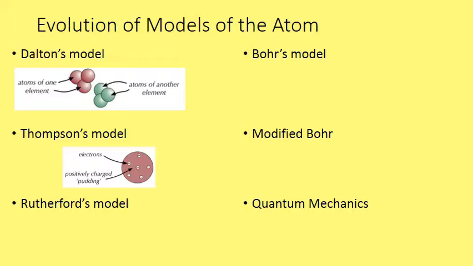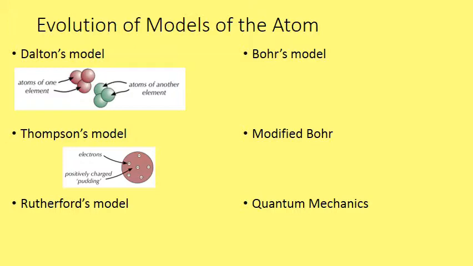In the early 20th century, Rutherford and a couple of his students did the famous gold foil experiment, where they fired alpha particles at a very thin sheet of gold foil. The results they got, which are explained in more detail in the next slide, basically falsified Thomson's model.